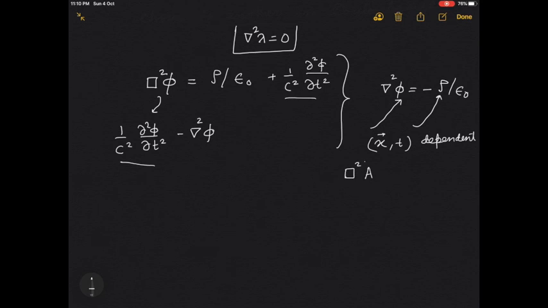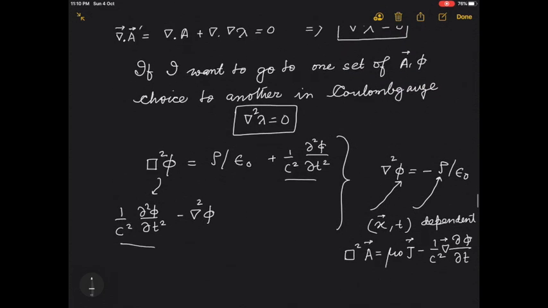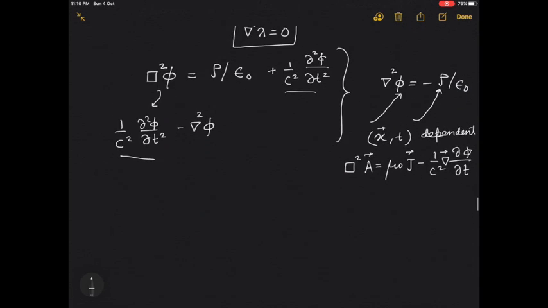Grad square A equals mu 0 j minus 1 by c square gradient of del phi del t. Okay, so that's Coulomb gauge.